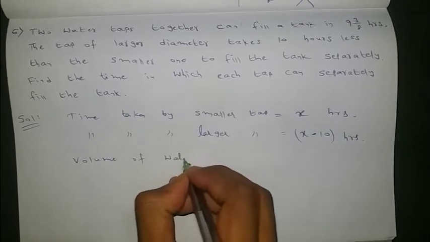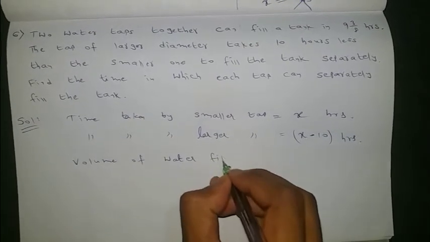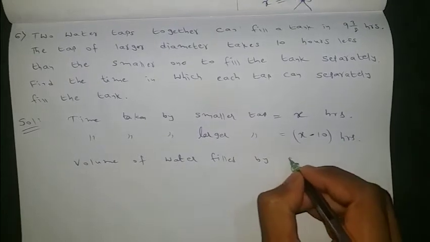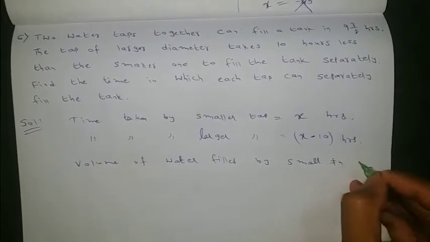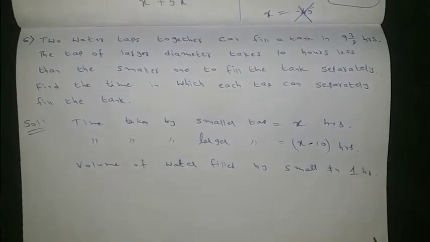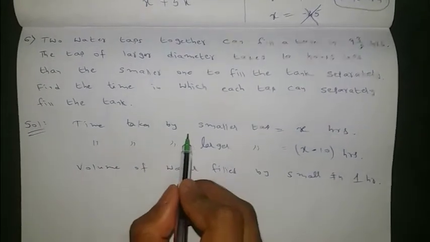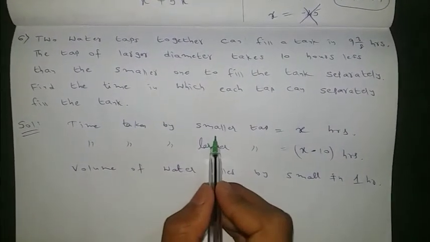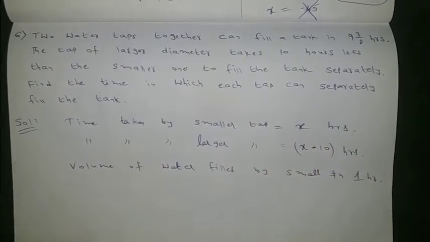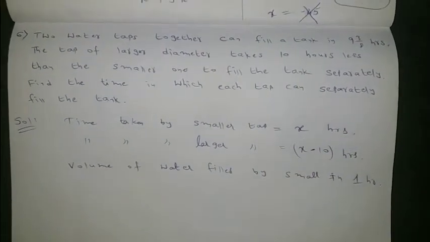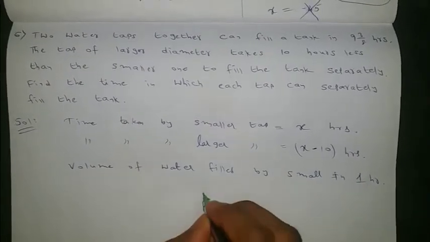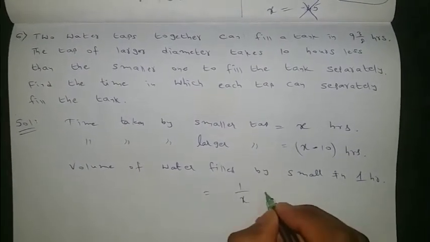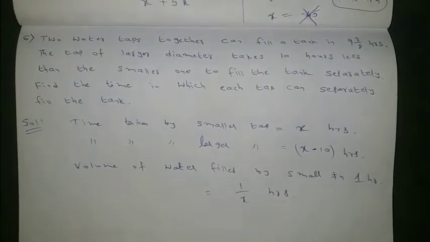Volume of water filled by the smaller tap in 1 hour. Total time taken by the smaller tap is x hours. Then how much amount of volume will it fill in a single hour? That is nothing but 1 by x.